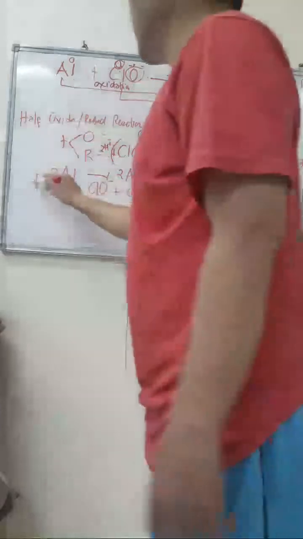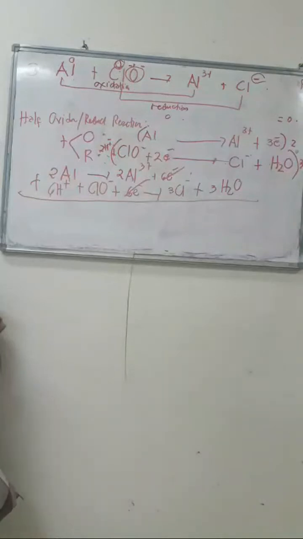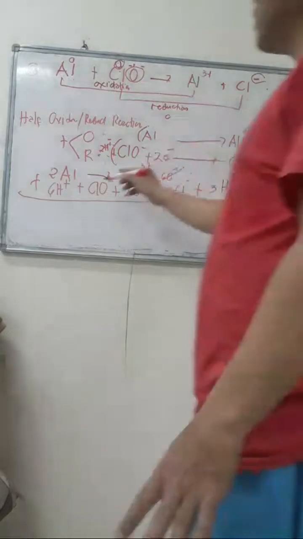Now, visual inspection, we have still here the 6 electrons here, add the 2, then cancel the 2 electrons. Then review 2 aluminum, okay, 2 aluminum, okay, 6 electrons, 6H, okay, 6H, then 3 times ClO, this is 3 ClO, and then plus 6 electrons, okay, perfect.